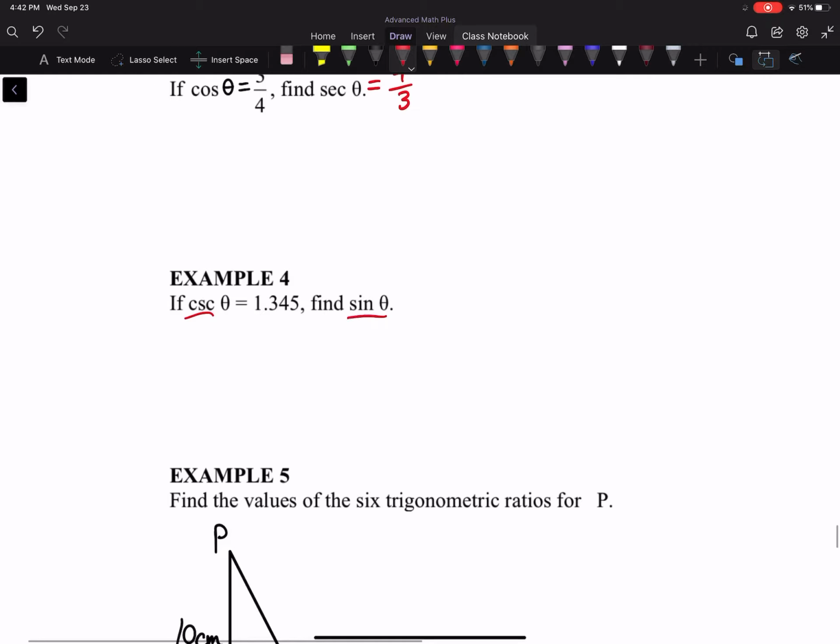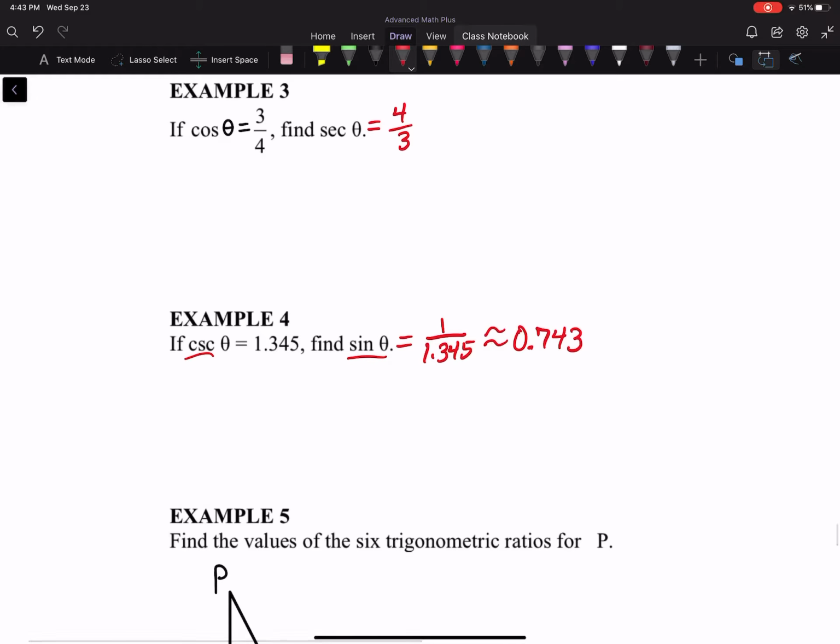Cosecant is the reciprocal of sine, so that's equal to 1/1.345. If you put that in your calculator, you get a big long decimal that will round to 3 decimal places as 0.743. Your teacher or whoever will decide which way they want you to write your answer. I will take either way.